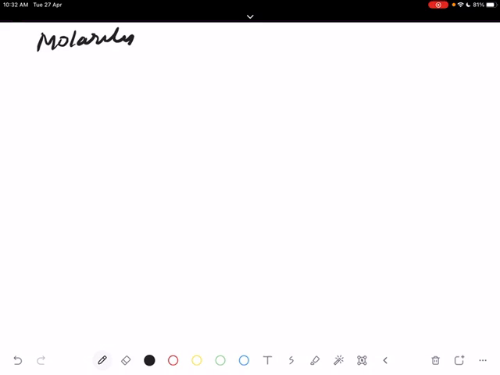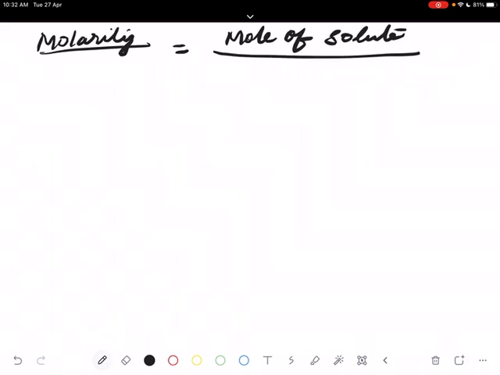Next, we'll see the next term, that is molarity. Molarity is the number of moles of solute upon volume of solution in liters.